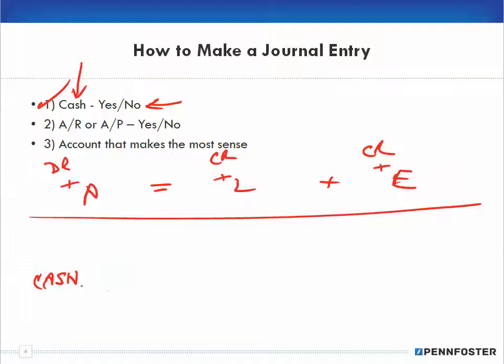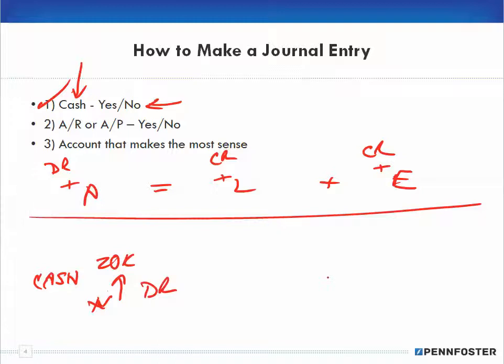And if our asset increases, we're going to debit it. So if our cash is increasing, meaning we had some figure, and if it increases, say $20,000, well, since cash is an asset, we're going to debit it.